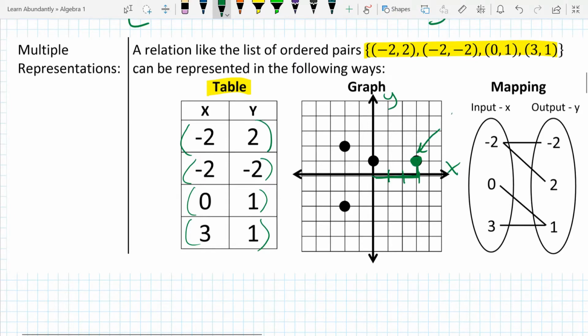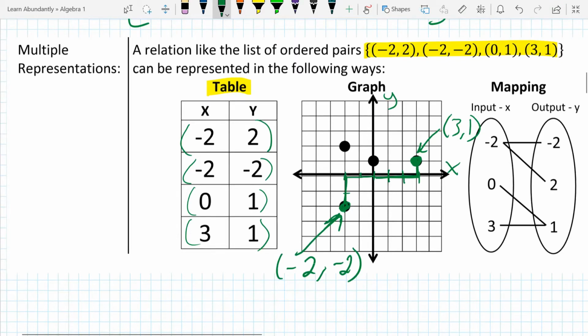So that is (3, 1). Now I want to look at this point down here. That point is not (3, 1). It's going left 2, so that's an x value of -2, and it's going down 2, so that's also -2.